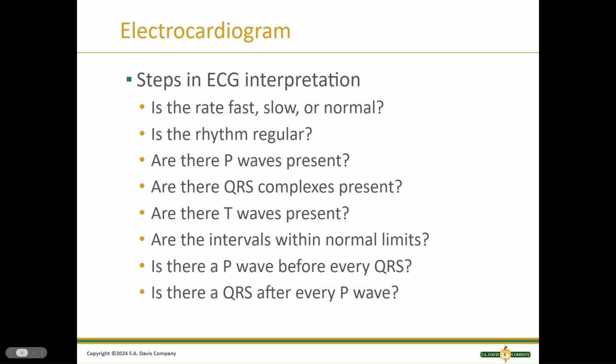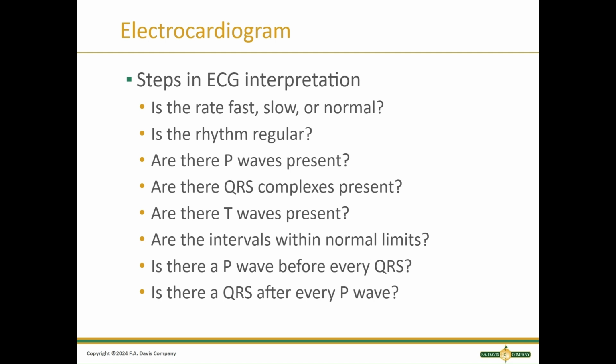So when we're looking at dysrhythmias, how are we going to interpret that? So here is just a nice step for you to go by and look at. So number one, is the rate regular? Is it fast? Is it slow? Is the rhythm, each QRS complex, normal? Are the P waves present before each QRS complex?